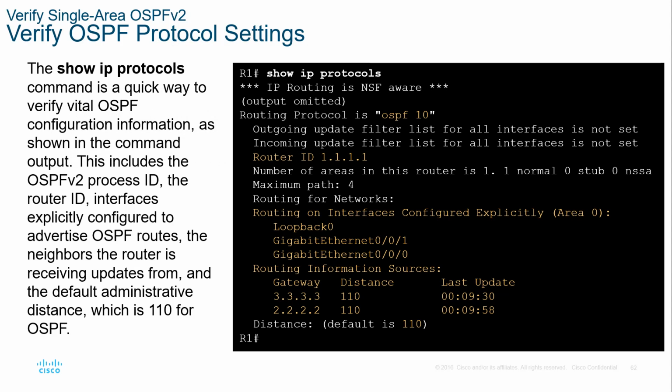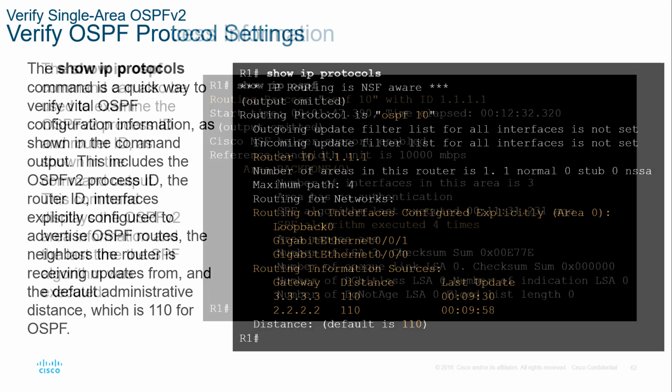Doing things like show ip protocols will give us our routing protocol ID, our router ID, and our interfaces, and it will also let us know if those interfaces are in an area or not receiving hello packets, because you might have accidentally set them as passive. So those are all good reasons to use the show ip protocols command.